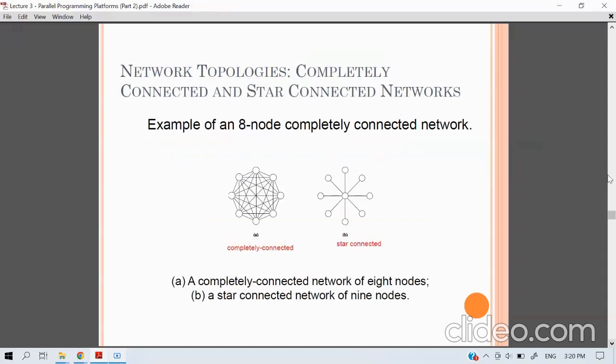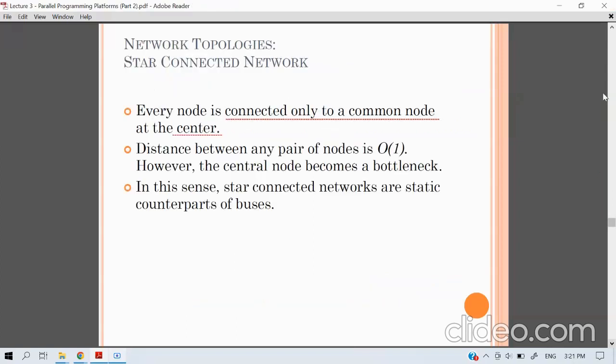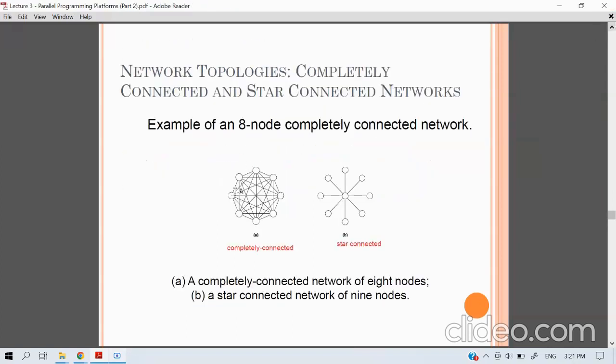So next we have the completely connected and star connected networks. This is how the completely connected network is illustrated. All the processors are connected without fail. Let's say if we have 8 nodes, all 8 nodes are connected together.